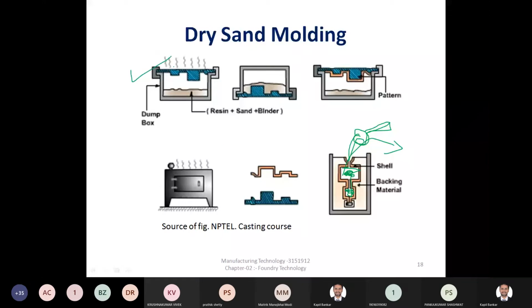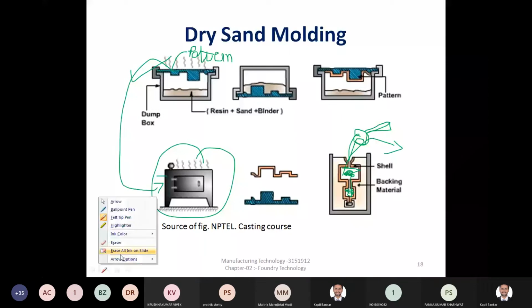In the process, first of all you have to heat your pattern. This is your pattern. You have to heat your pattern in the oven. Once it is heated, place this heated pattern on this dump box.